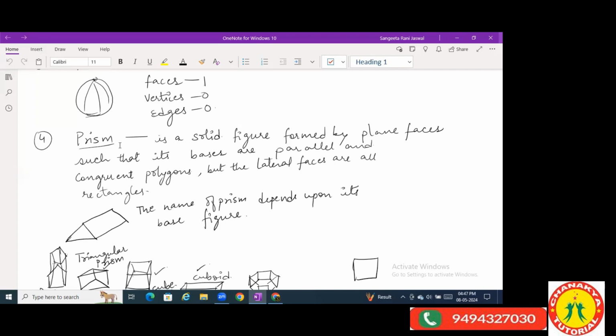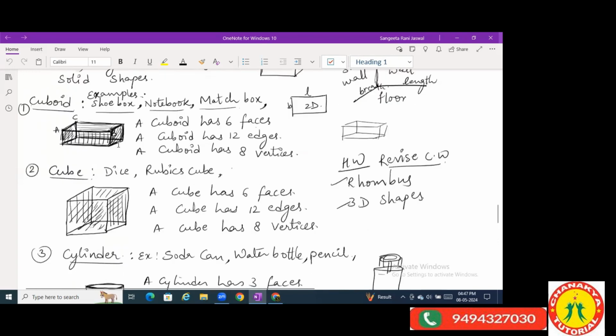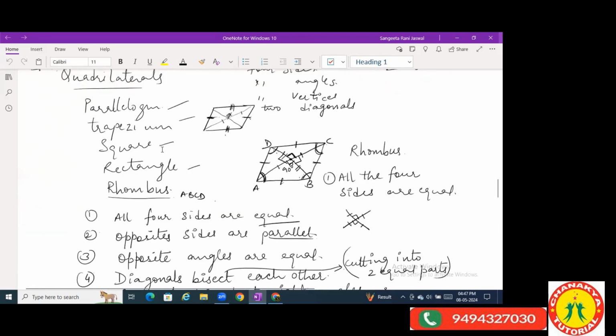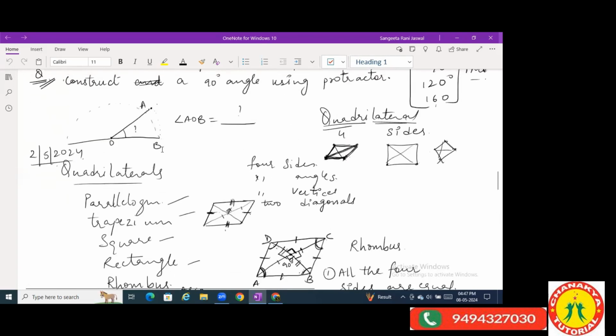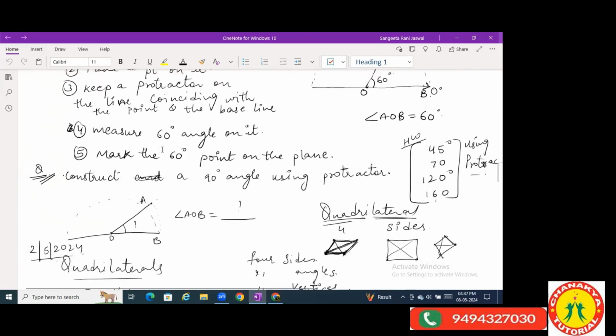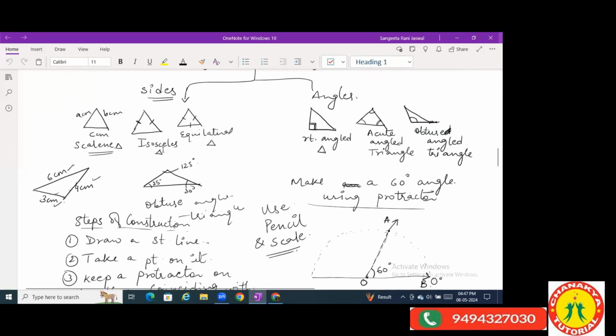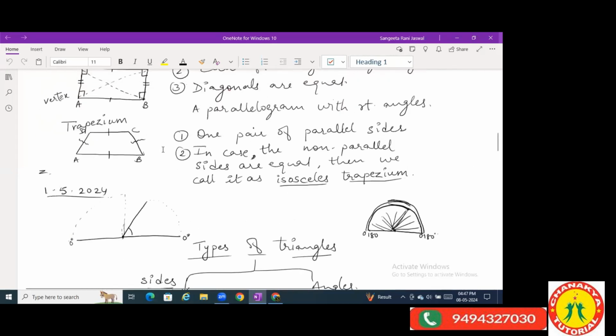Okay, so children, are you through with this? Do you find any doubts in this chapter? This was all about the elementary shapes. Any doubts in this chapter? Any topic that you want me to revise again? Ma'am, you didn't tell us how to use set squares.